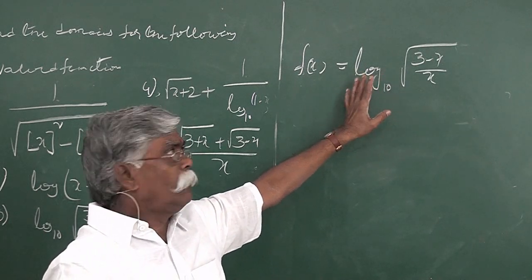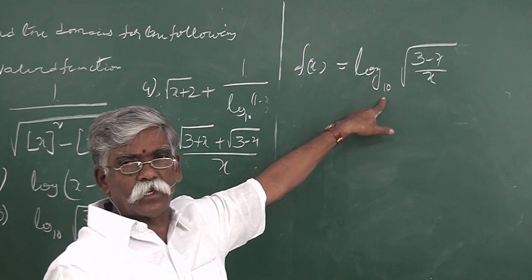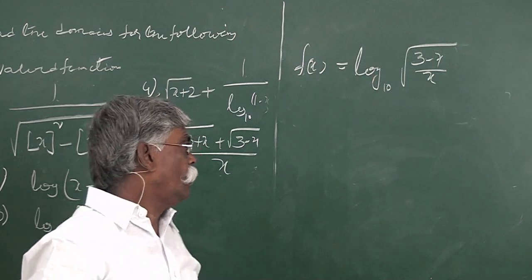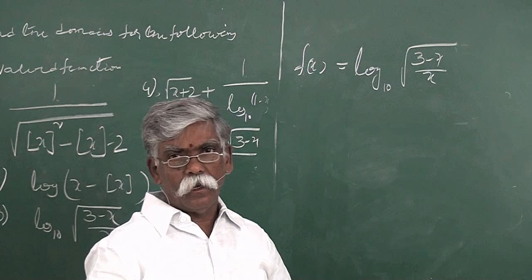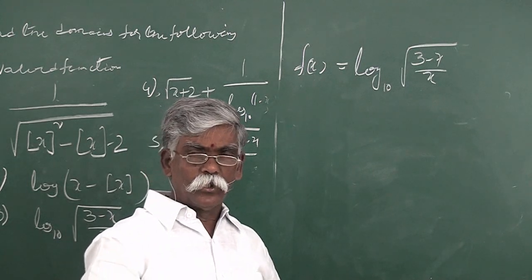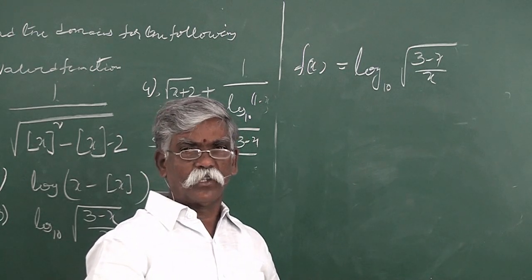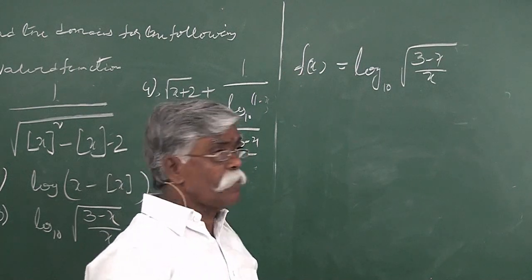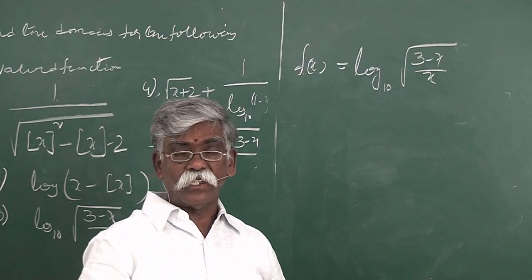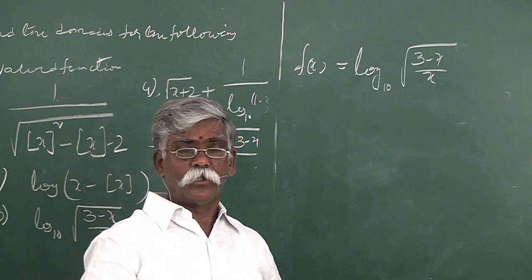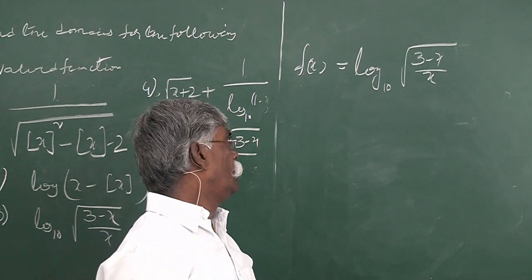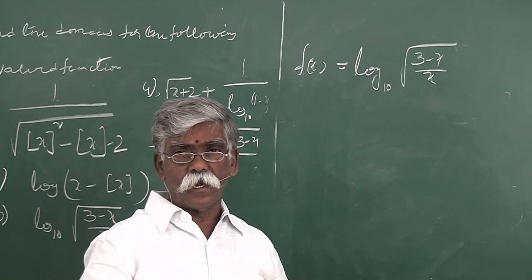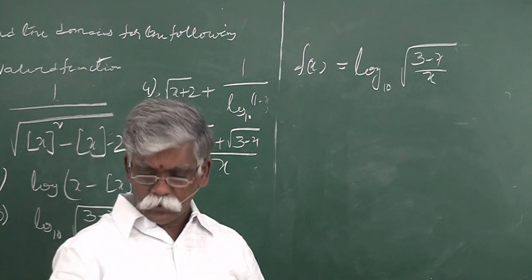Therefore, as far as the base part is concerned, it is clearly given. And here this value is under the logarithm, so it should be positive. And (3 minus x) by x is inside the square root. Therefore, it should be positive. And x is in the denominator, it should not be equal to 0.